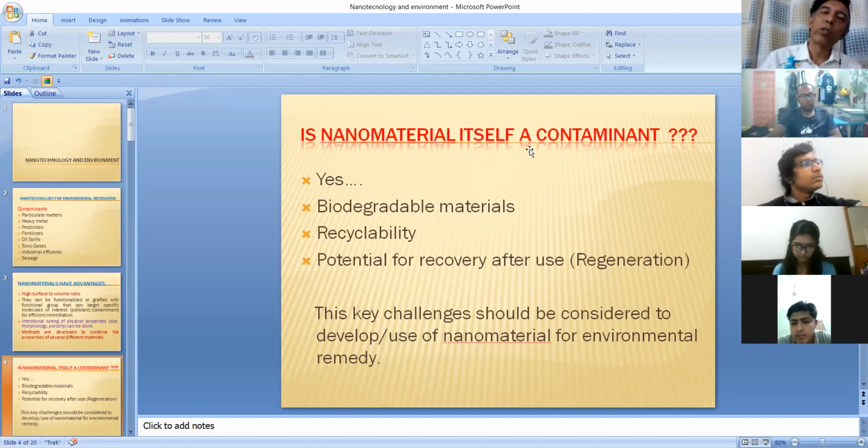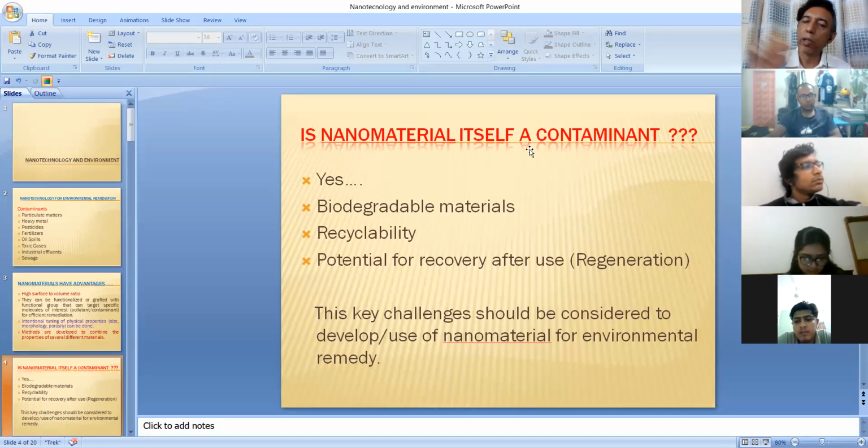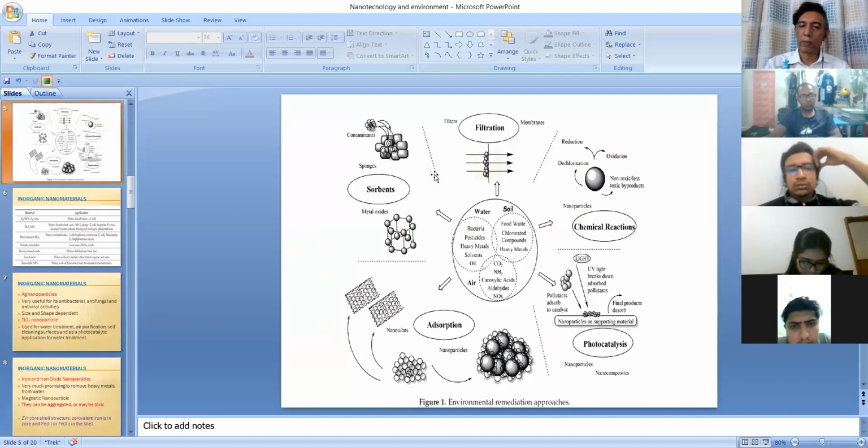If I use nanomaterial, for example, in water, and it is not collected, not recovered, or not degraded, then it will enter into your body and do harm inside your body. So it is the challenge. It is a very big challenge to develop this type of nanomaterial for environmental remedy. It is a very big challenge for us actually.